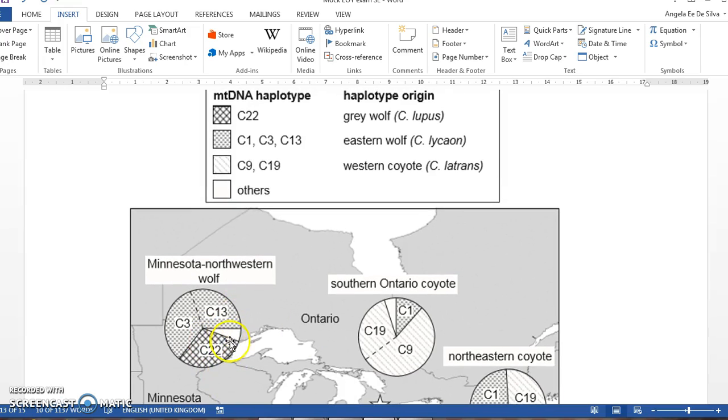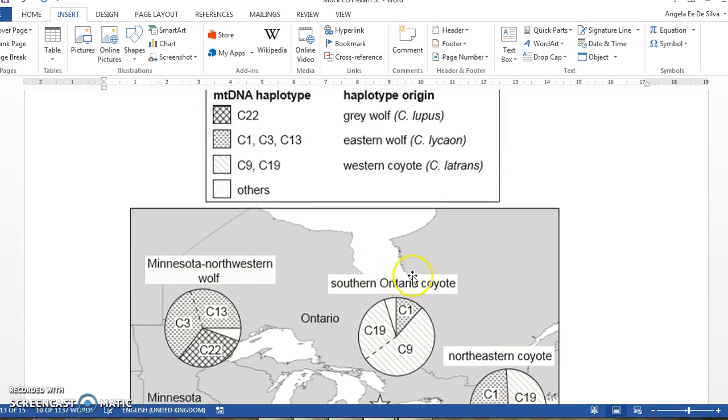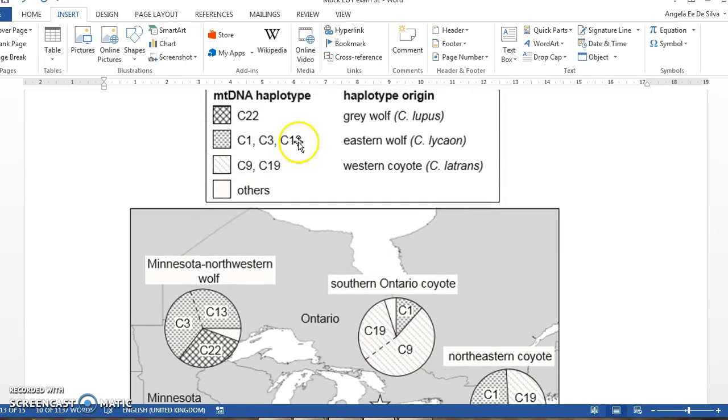That means they do not share the same ancestor because C22 is not found in the other 2. And I see from Eastern wolf there's C1, C3, and C13. So I see C3 and C13, that's Eastern wolf. I see C1, that's Eastern wolf, and I see another C1, and that's Eastern wolf. That means that the Eastern wolf is the common ancestor.